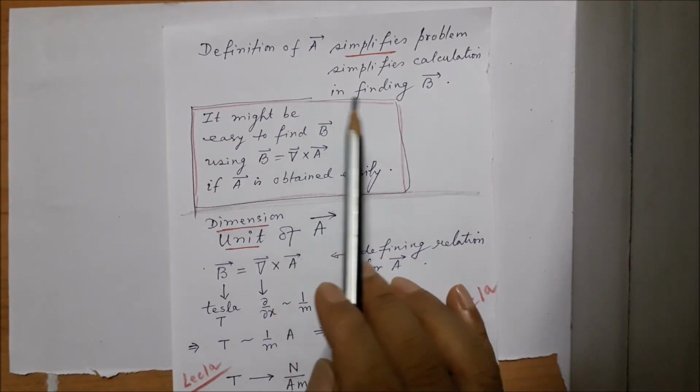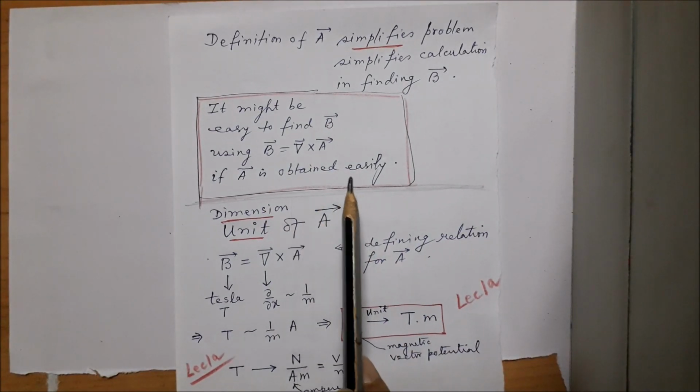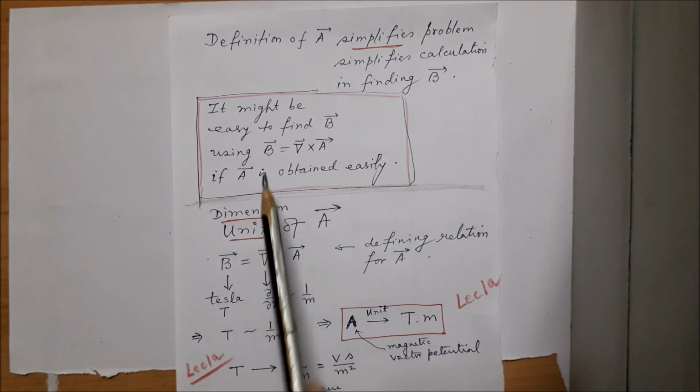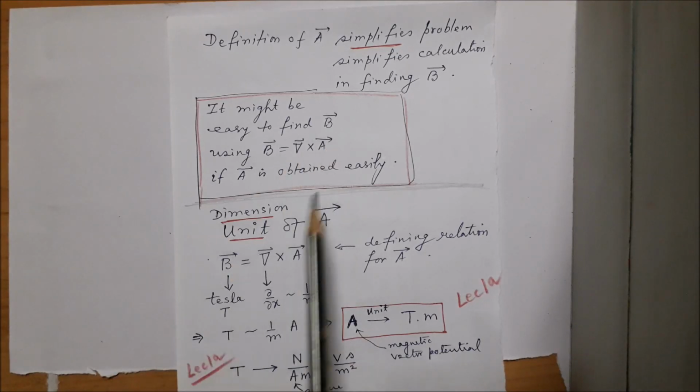So, magnetic vector potential has been introduced to simplify calculations, to make our life simple, though our main focus is definitely on vector B.